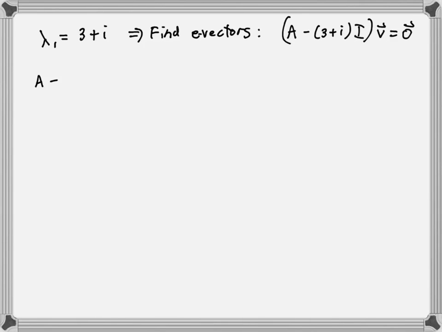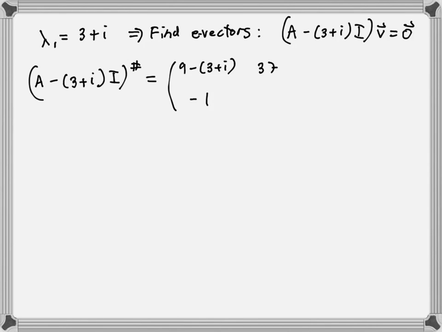So we want to look at A minus (3 plus i) augmented. This means you take away 3 plus i from the diagonals of the matrix. Okay? So, what does that look like? Let me write this all out because it's probably been a while since you guys have seen complex numbers. I'm going to write it like that, like that, like that, and then it was a -3, so I'm going to subtract this.